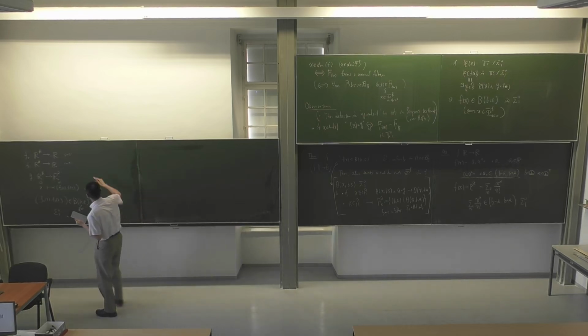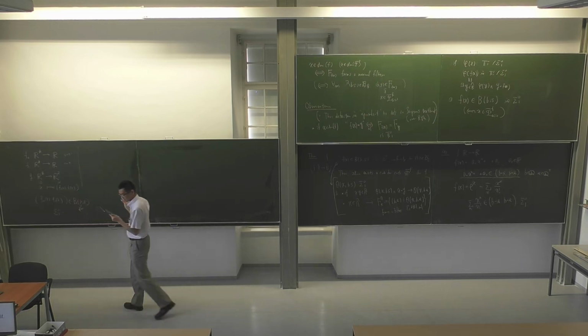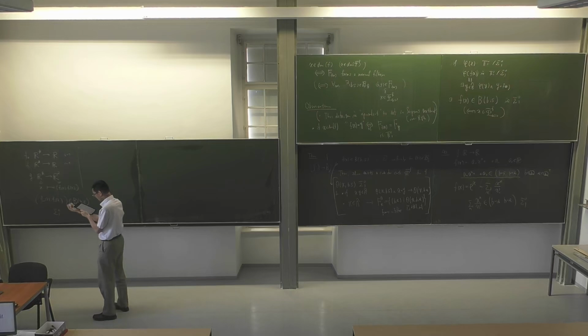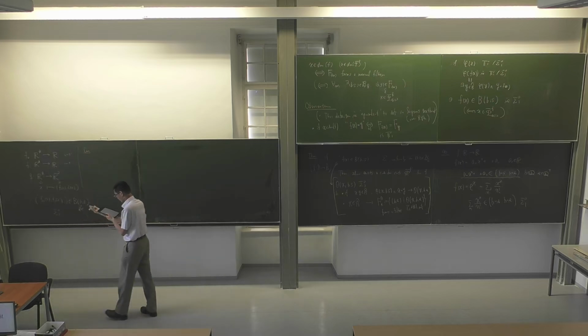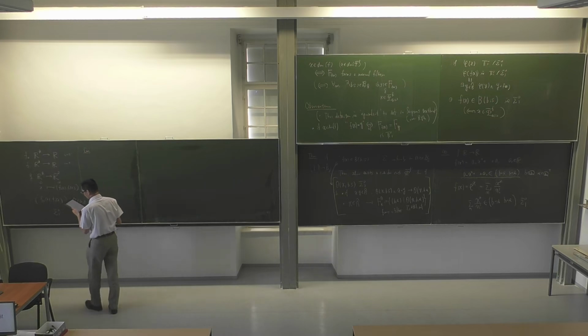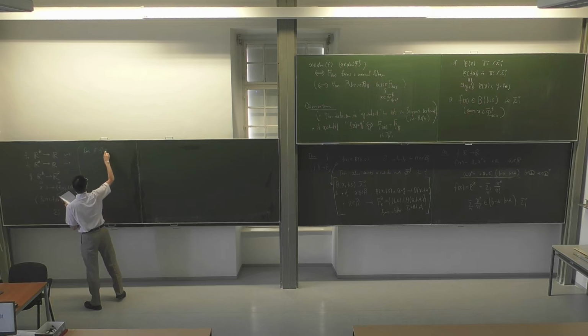Another probably useful thing is two easy corollaries. The first one is really trivial, but by the way, if I write it in this way, it just says continuous means that f is also total.